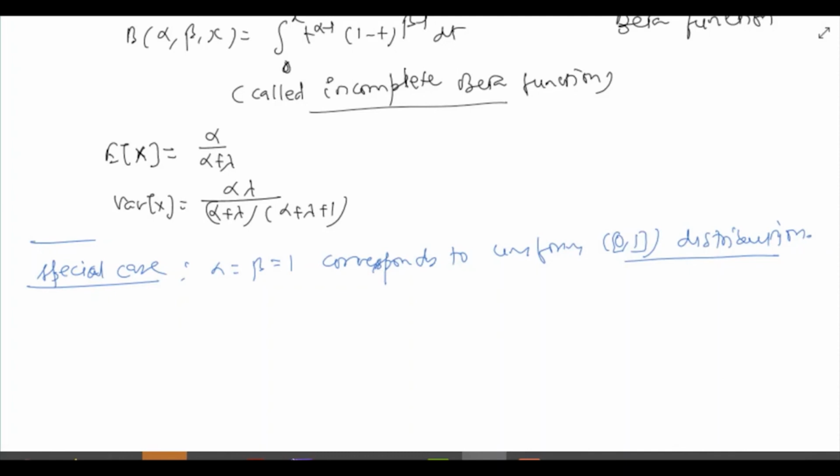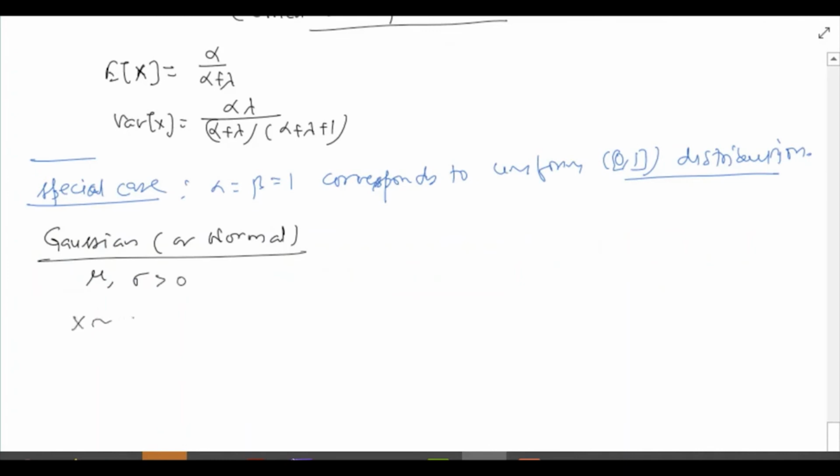We end this lecture with another very important continuous distribution, and this is Gaussian distribution, also known as normal distribution. We again consider two parameters, mu and sigma. Mu is a real number and sigma is a positive real number.